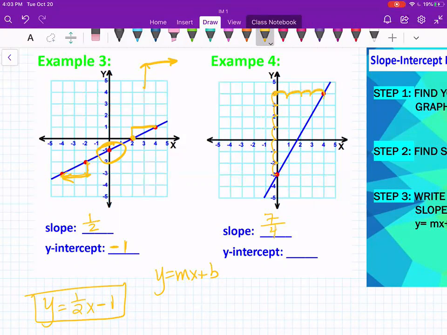So no, there is nothing in between that. It's 7 over 4. Our y-intercept is down here, which is a -3. And to write our equation, we plug in our m and our b, and we get y equals 7 over 4x minus 3.